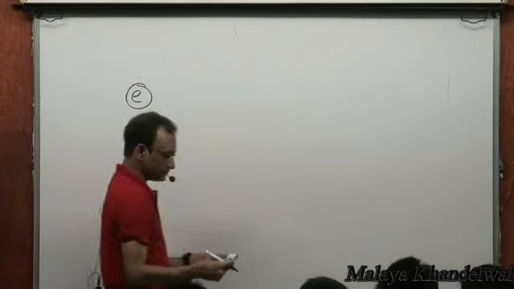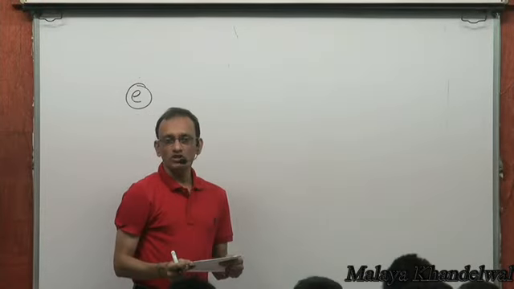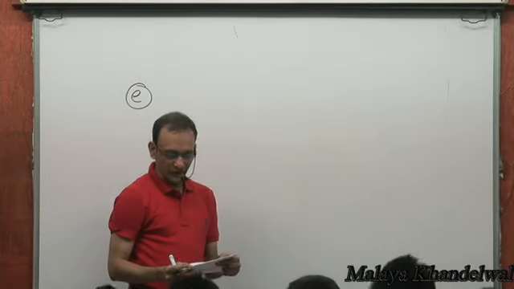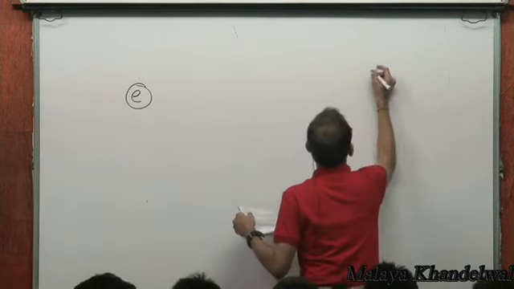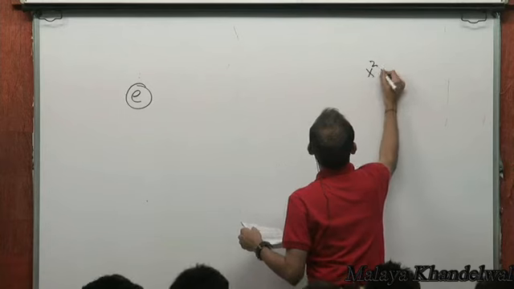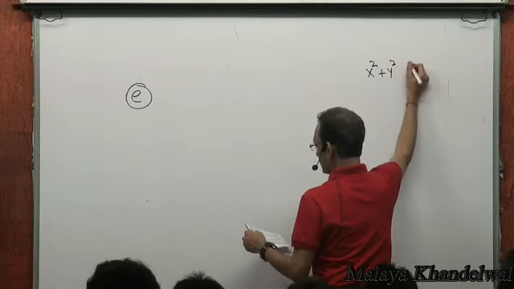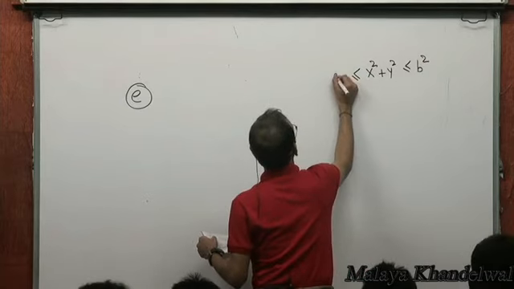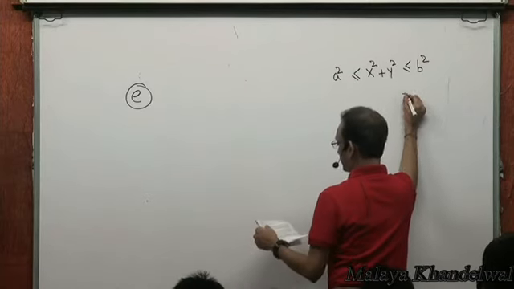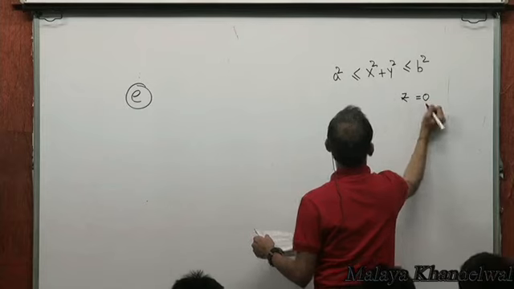The next problem. A positive charge plus q is uniformly distributed in the xy plane, defined in a region given by x squared plus y squared less than or equal to b squared and greater than or equal to a squared, and z equal to 0.